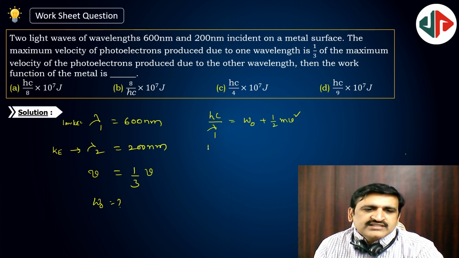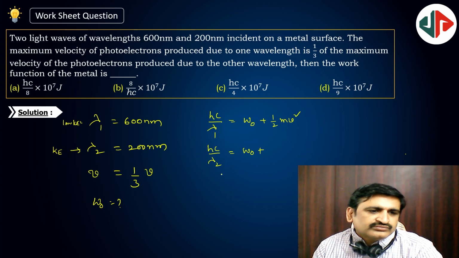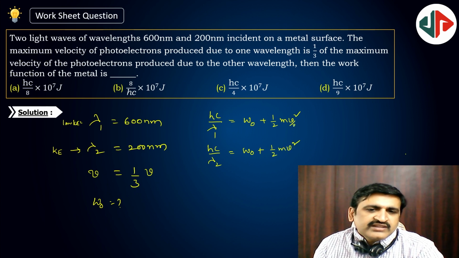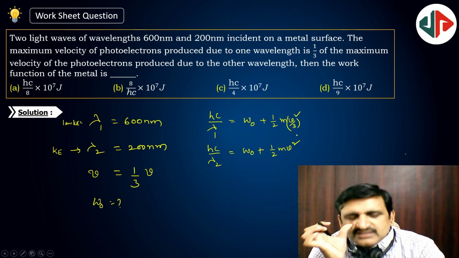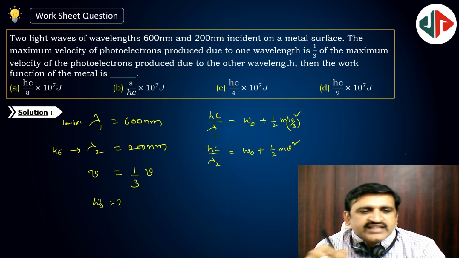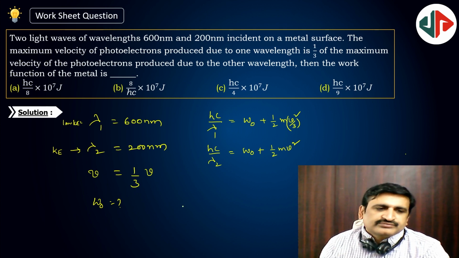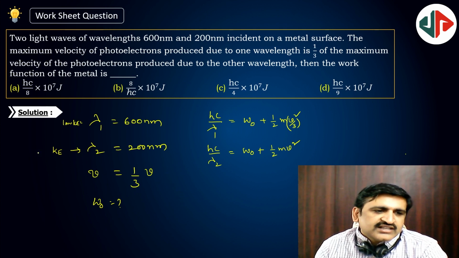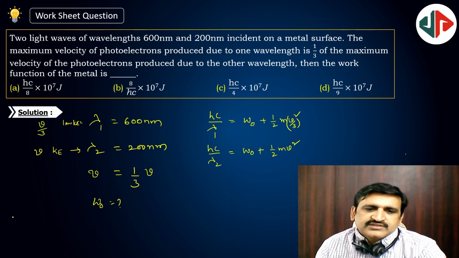The other one, HC by lambda 2, is equal to work function plus half m, v by 3 whole square. Come again: the second one is low wavelength, so high energy, and high velocity. So its velocity is v. The other velocity is v by 3.